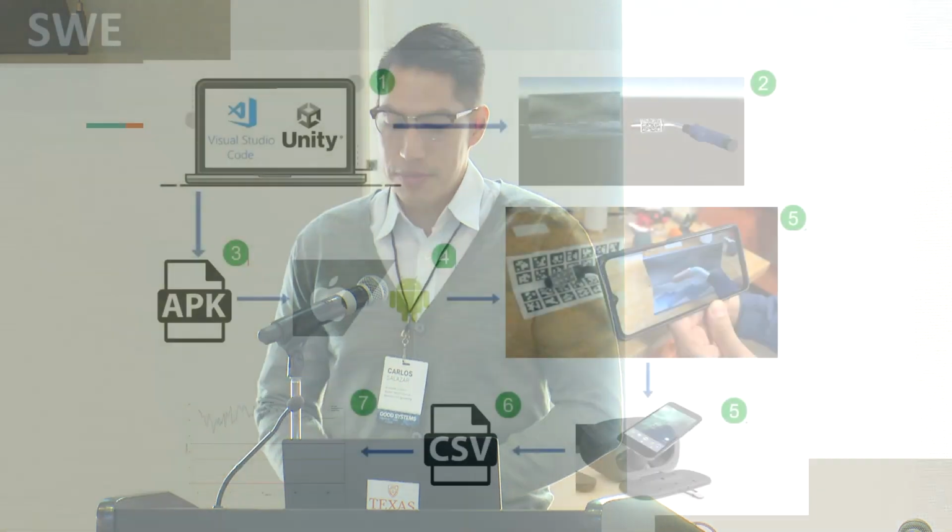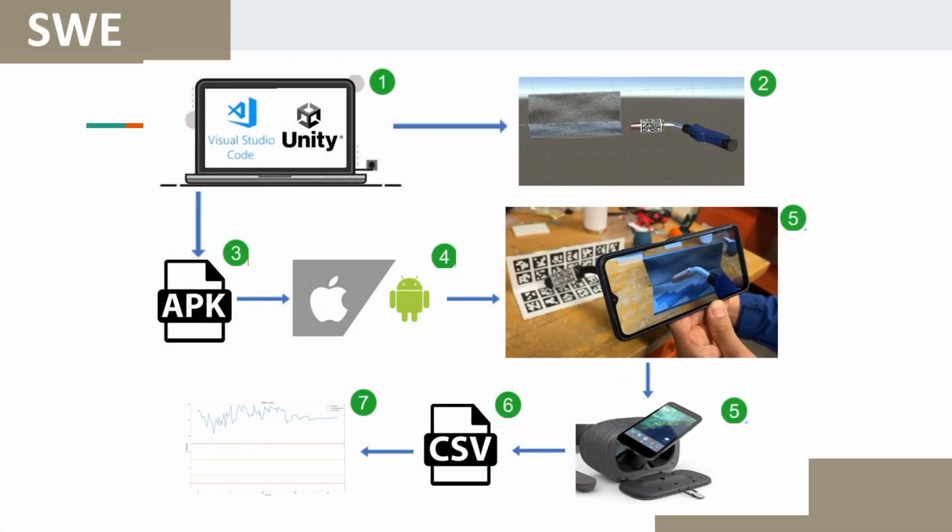The first one is a simulation. We call it a simulated welding environment. This environment was developed in software called Unity. We designed digital elements of the physical elements in a welding environment.